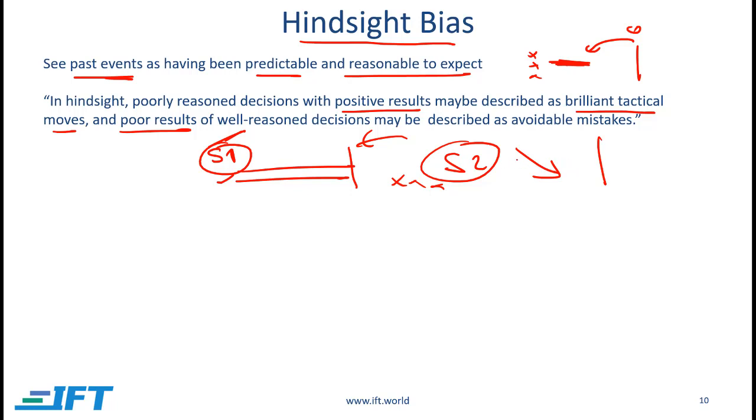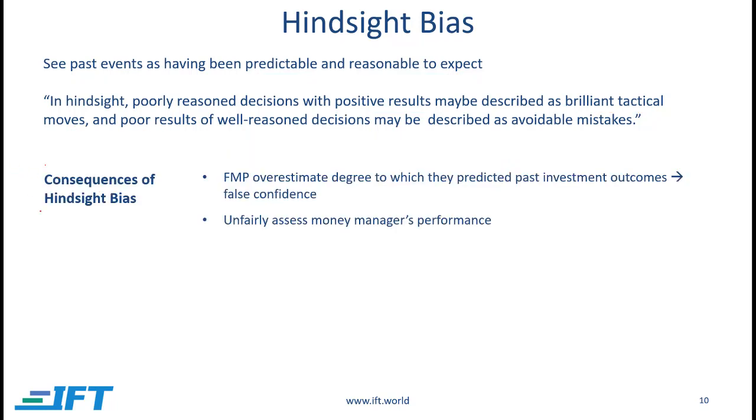They'll find some reason for saying that we should never have bought this stock, even though all the right analysis was done. So this again would be an example of hindsight bias, where we look at the results which were negative in the case of stock 2, and using hindsight we say that this was a mistake, we should not have invested in stock 2. Now let's talk about the consequences of hindsight bias.